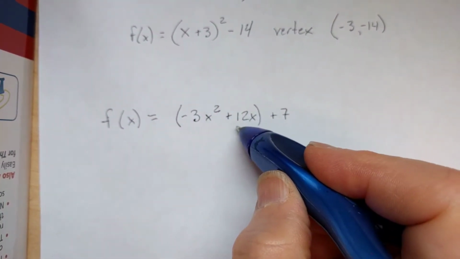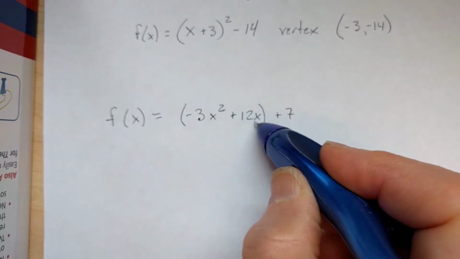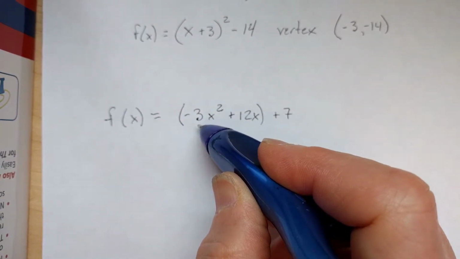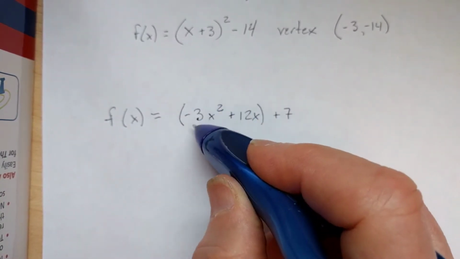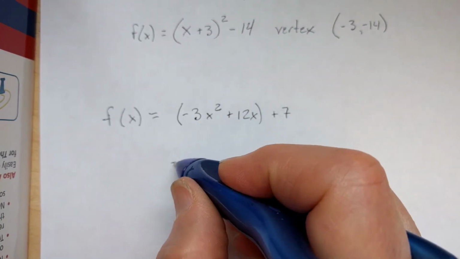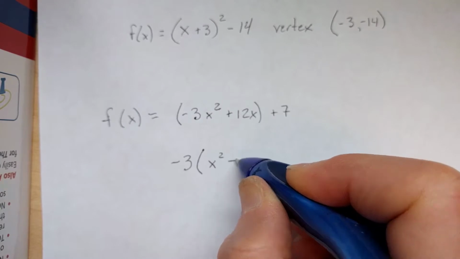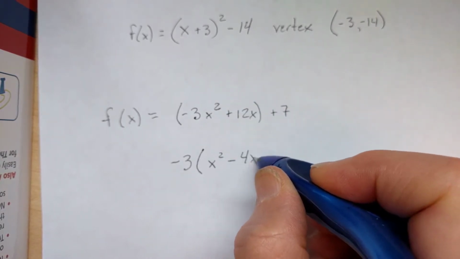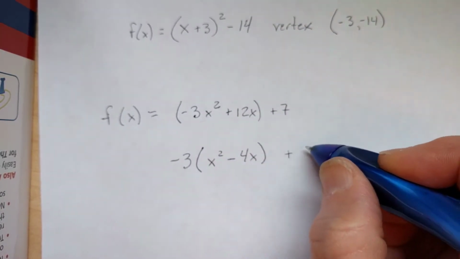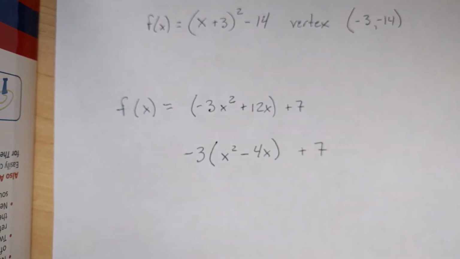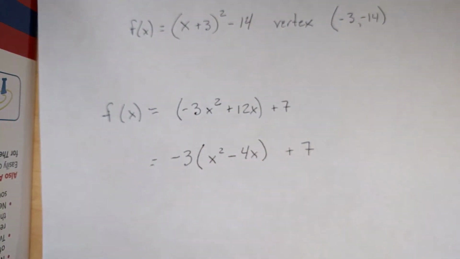Now, before I can complete the square, my leading coefficient has to be 1. So I have to factor out my negative 3. So I'm factoring out negative 3. This will give me x squared minus 4x. My plus 7 outside the parentheses just stays as a plus 7 for right now.